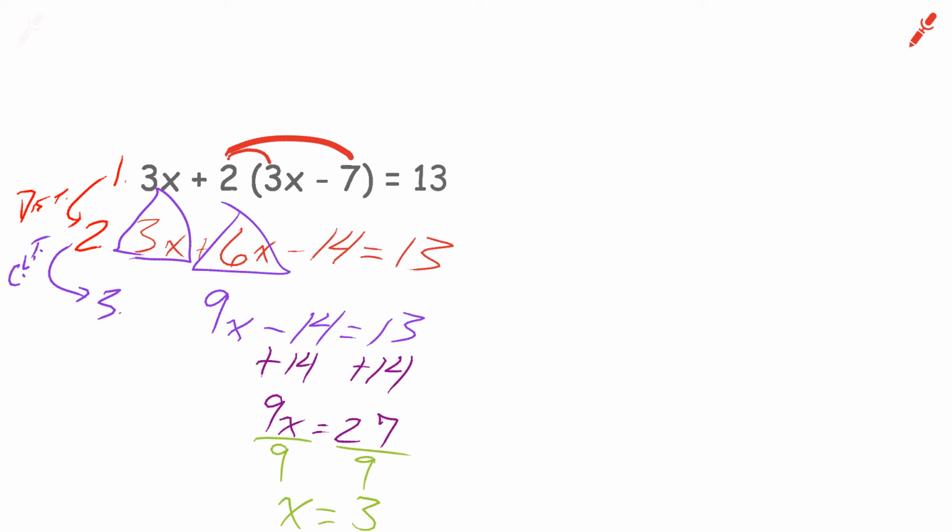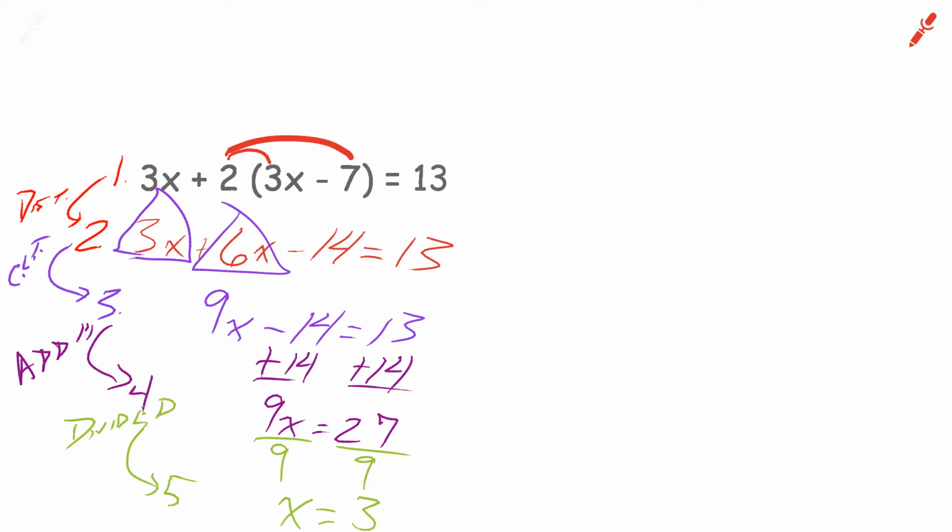From here to step 4, I added this 14 to both sides. So that's going to be added 14. And finally, from step 4 down here to step 5, I divided 9.